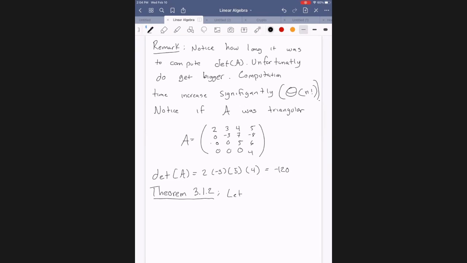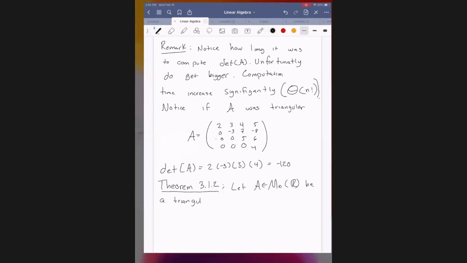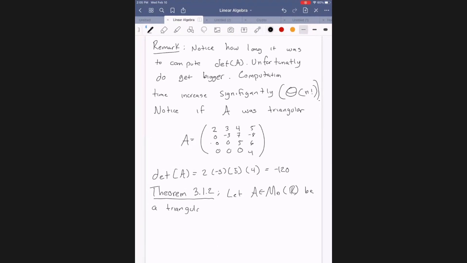So again, let A be a square triangular matrix.